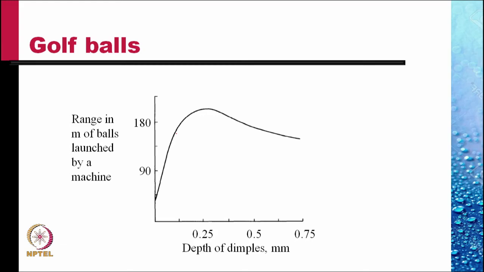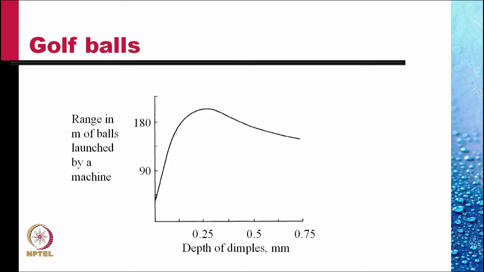And we see that we get the maximum range when the depth of dimples in millimeters is about 0.25. Beyond that, the range decreases slightly. I would hazard a guess that as the depth of dimples increases, the transition takes place earlier.